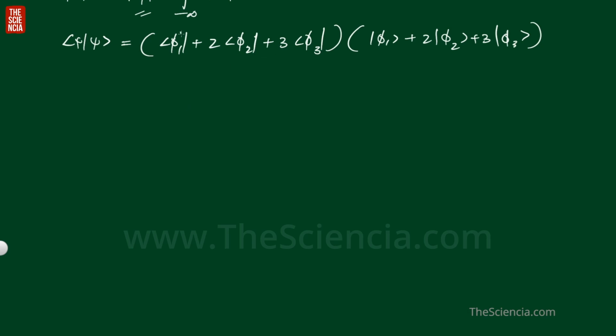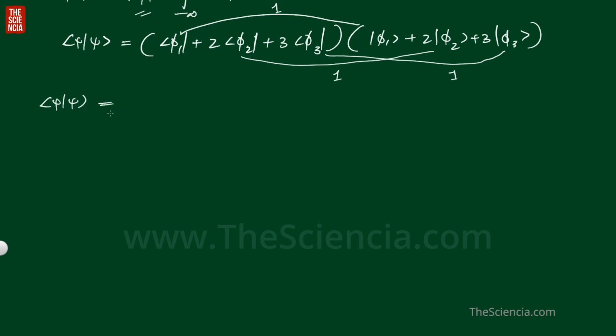So if you are taking an inner product of phi 1 with itself, we will get a value 1, and if you are taking this combination, we will get a value 1, and if you are taking this combination, we will get a value 1. For all other combinations, this is equal to 0. So we get bra psi ket psi is equal to 1 plus 4 plus 9, that is 14. That means this wave function is not normalized.